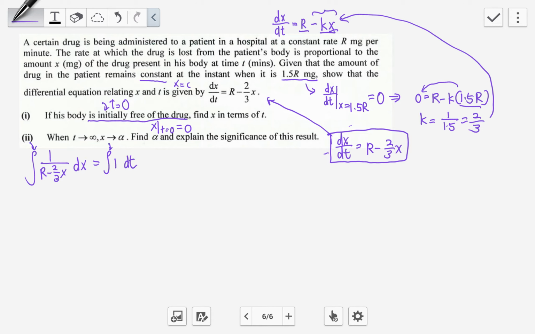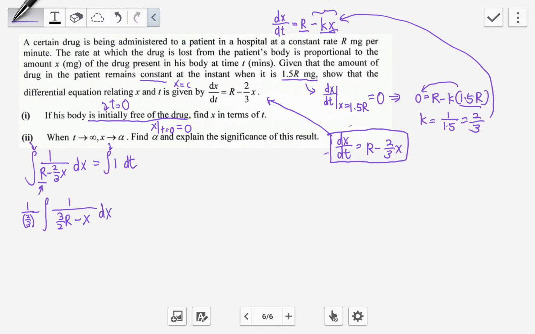And then integrate. In this case, we just need to note that R is a constant, so it doesn't really matter that much. We just take 2/3 out of the equation, 1 divided by 2/3, and then we get 1 over (3/2 R minus x) dx.